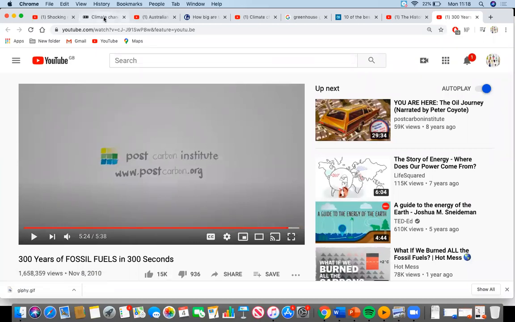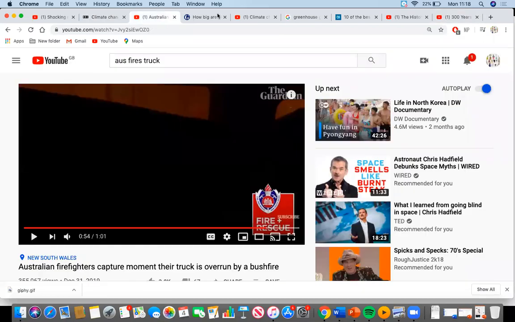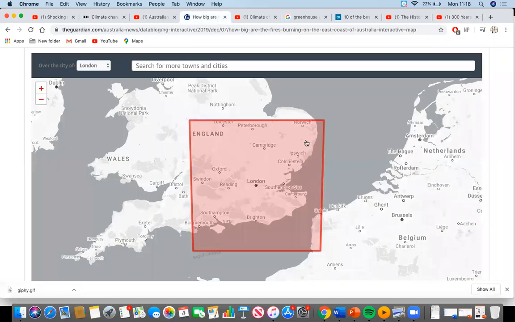So I'll just give you some context. So this is a map of England, and this would be the area of Australia that was on fire. So all of London, up to Cambridge, up to Norwich, down past Brighton. So it's a massive area.